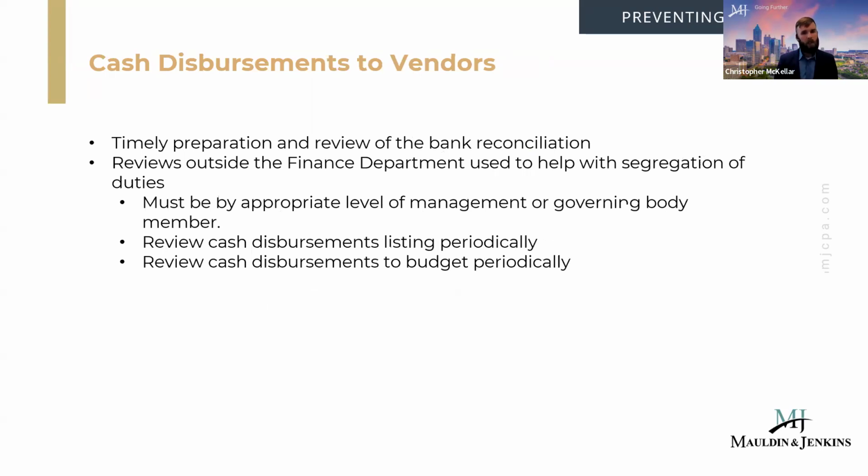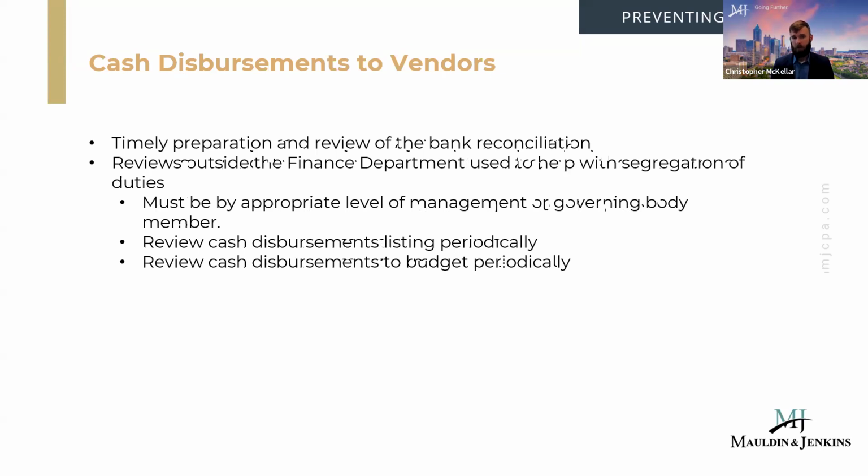Timely preparation and review of the bank reconciliation. One thing I mentioned earlier for compensating control, or maybe I hadn't mentioned this yet, but I've seen where the finance director would provide a budget to actual comparison to the board with the supporting detail of the balances to the board monthly.